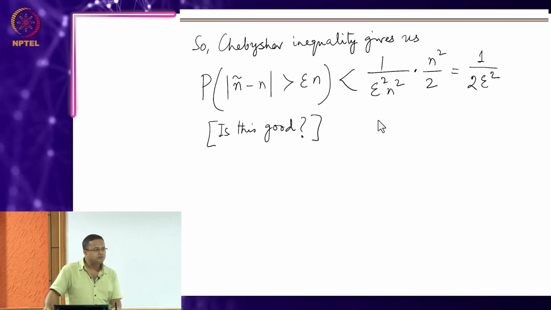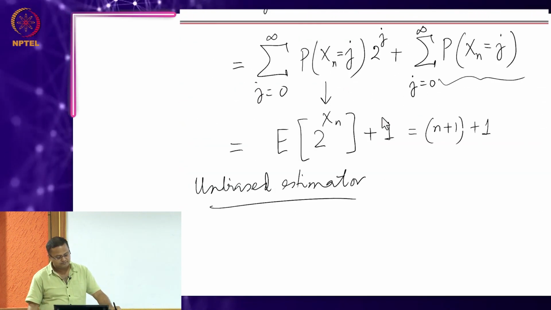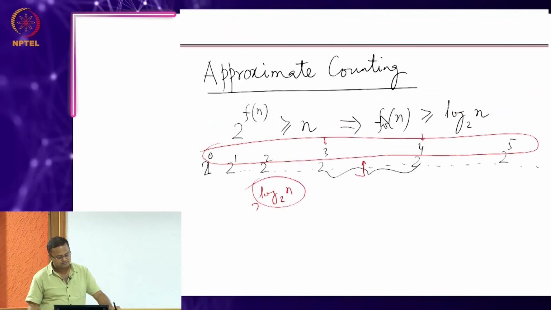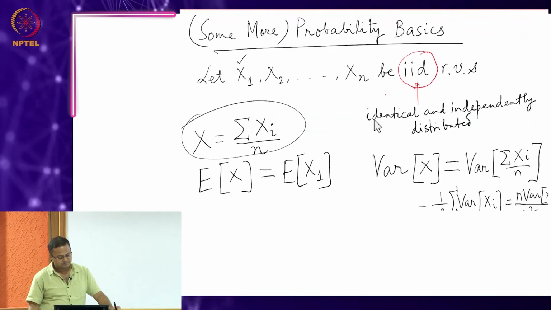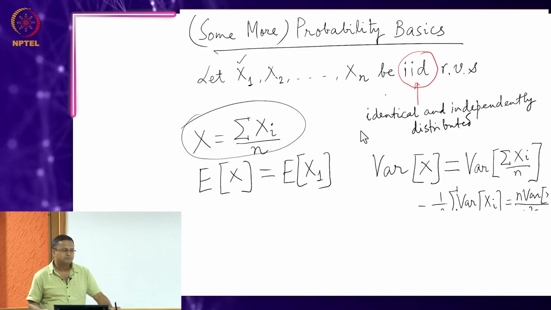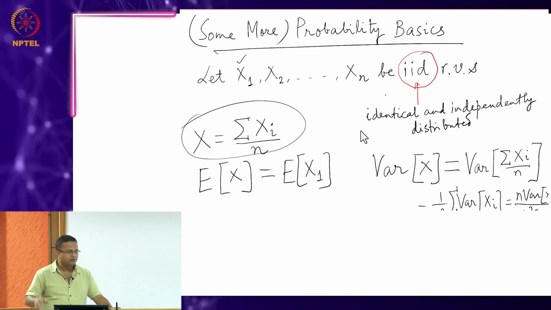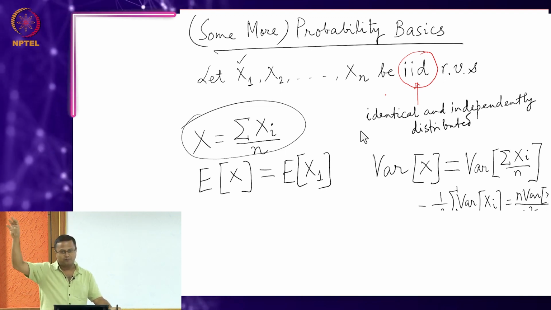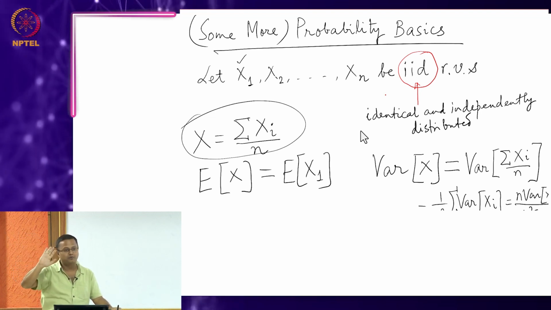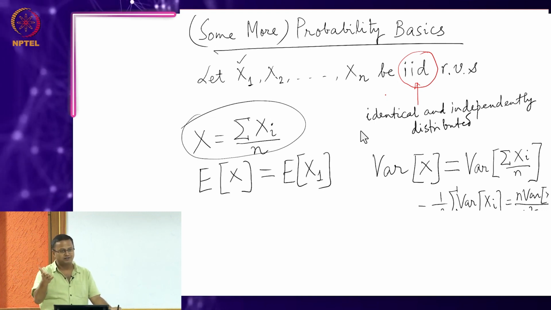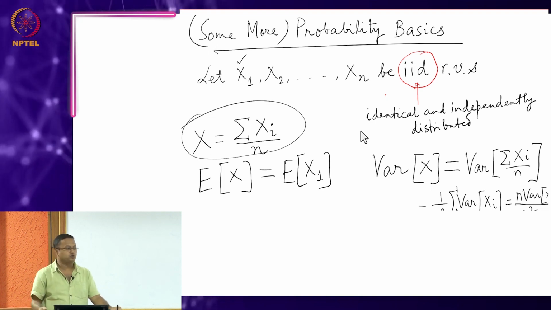Now, what do I do? I take recourse to this idea. I run independent copies of Morris, IIDs. So, the estimator would be the same, it would be an unbiased estimator, but what I would get as output is a reduced variance.